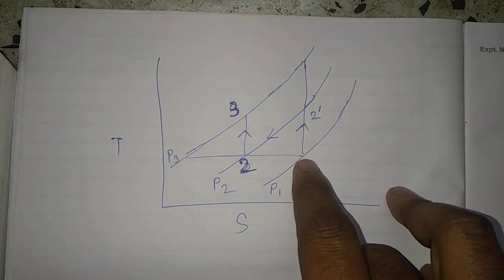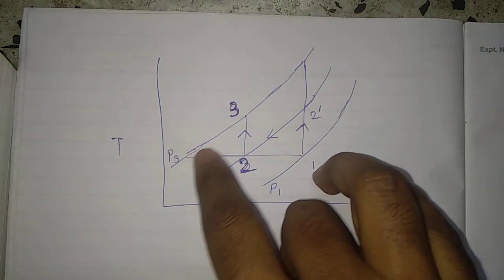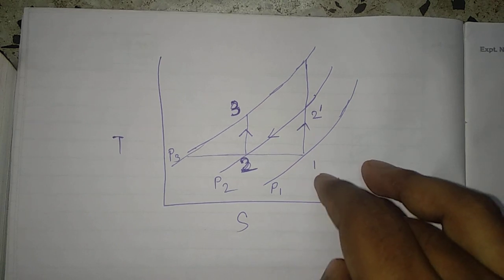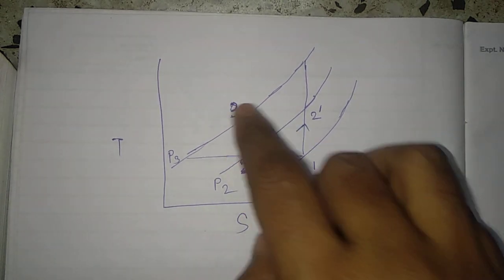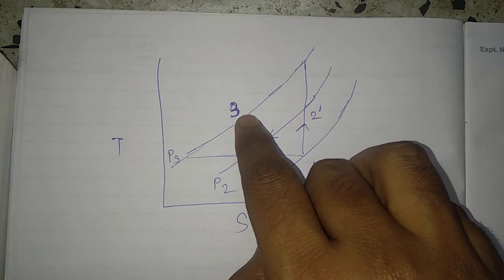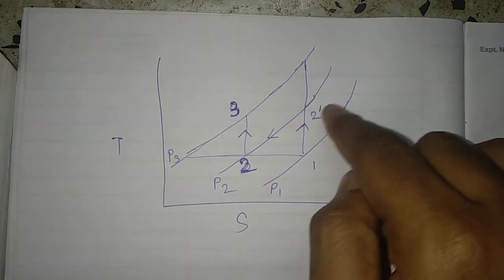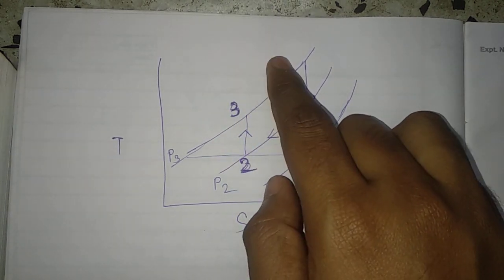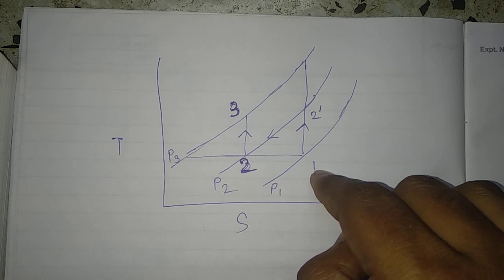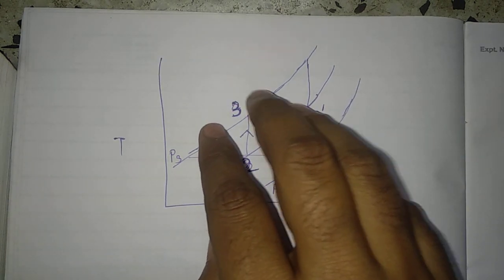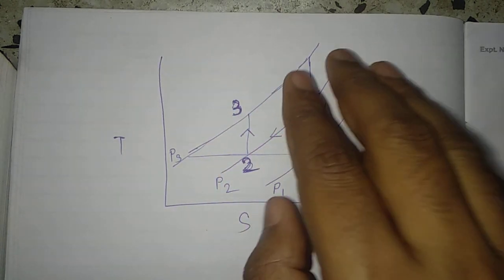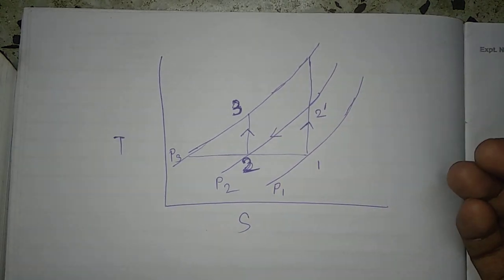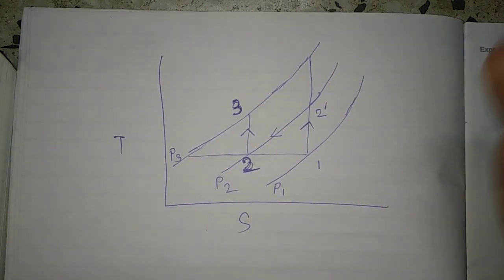This is your P1 line and this is your P3 line. P3 is greater than P1, obviously. P3 is your delivery pressure and P1 is your initial pressure, so the delivery pressure is far higher than the low initial pressure of the air.